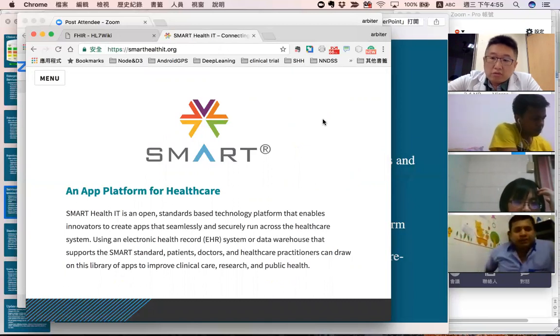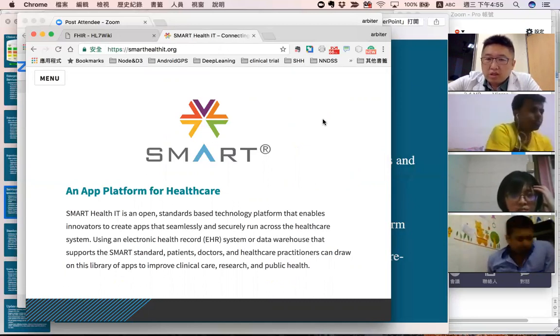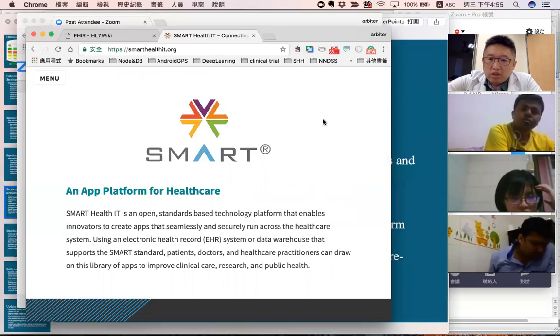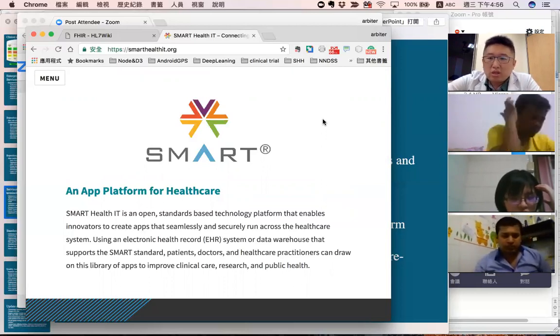For example, Jessica created a SMART prescription system. She wants to disseminate her system into different hospitals. You can imagine that if you want to implement it in different hospitals, they need to deal with a lot of internal structure, data structure, semantic interoperability, that kind of thing.